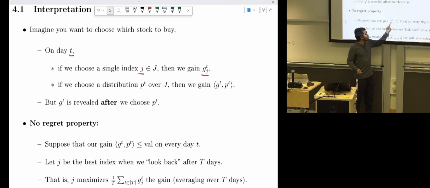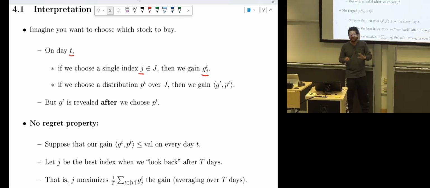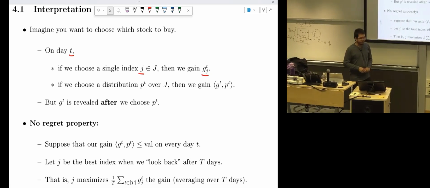Then GT inner product with PT is just the expected gain per day, right? Suppose that what we gain is small, let's say smaller than some value val on every day.